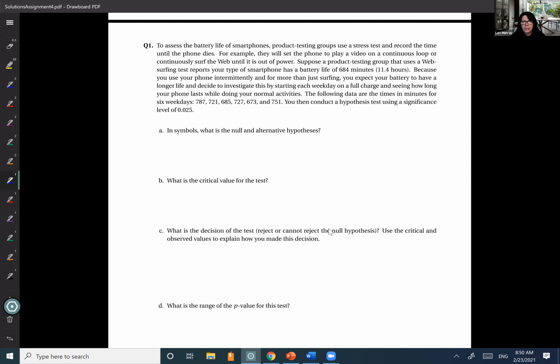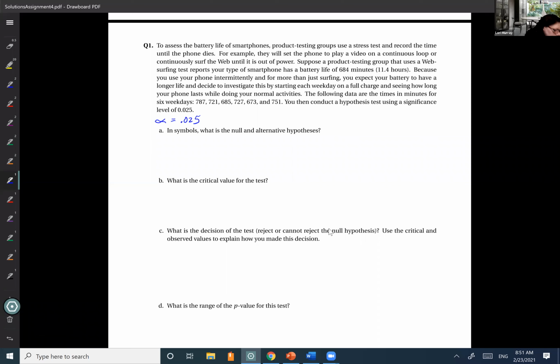So you can then just collect some data, and let's suppose the time in minutes for 6 weekdays has been given. And then you conduct a hypothesis test using a significance level of, instead of our conventional 0.05, we're going to use 0.025. So that significance level, we denote with alpha, 0.025. That's what you want to use.